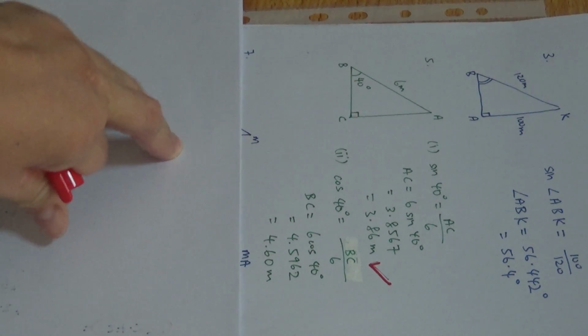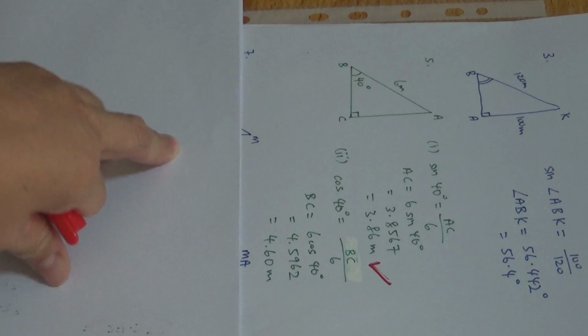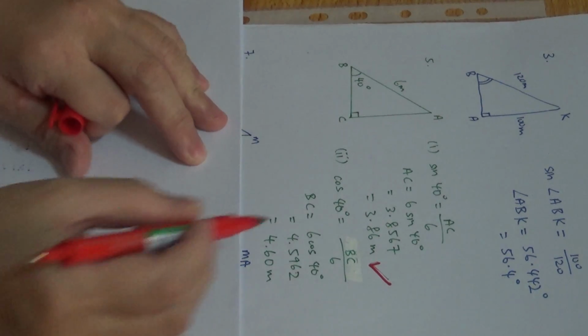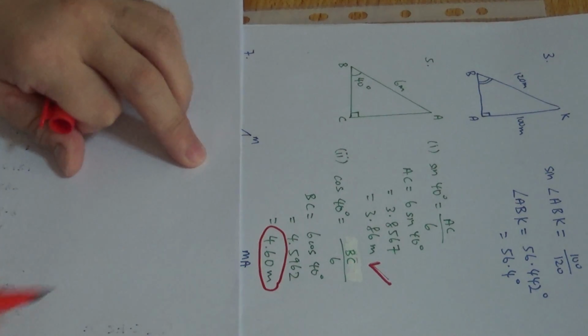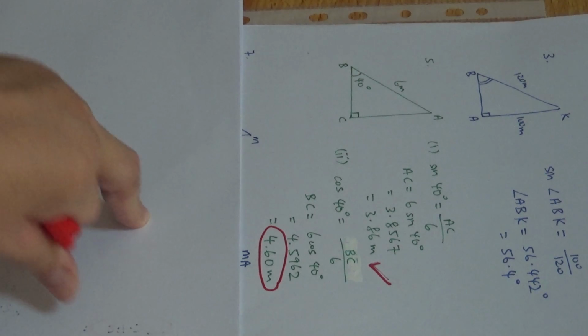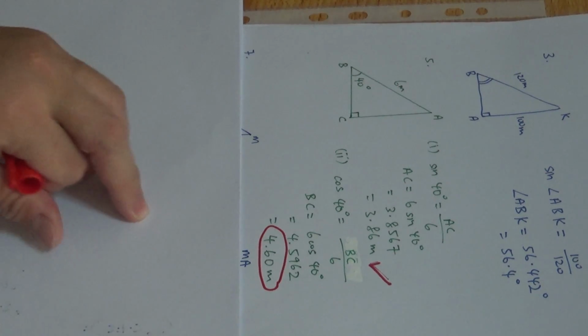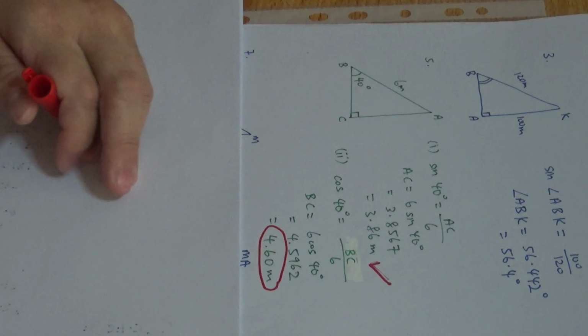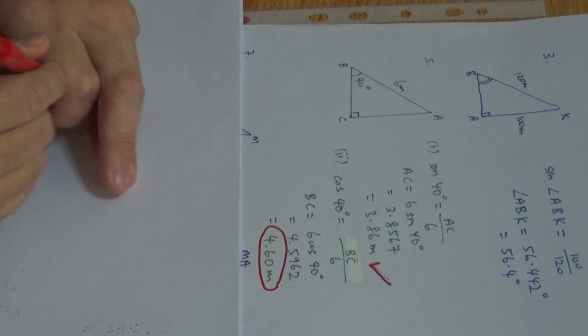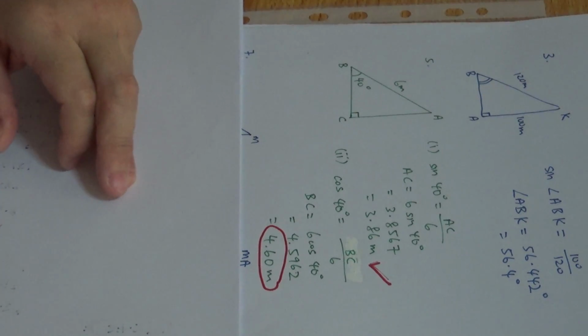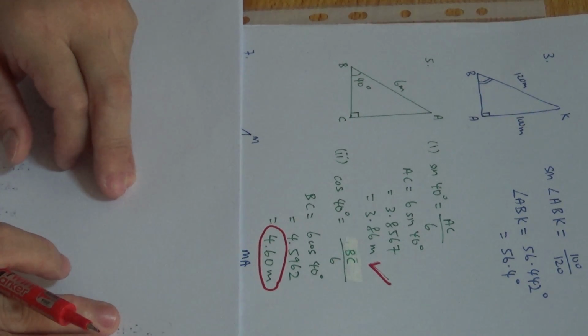Now to find BC, I will have to use cosine and get the answer as 4.60 meters. Okay, if you are unable to get the answer or you have made mistakes, please do your corrections.